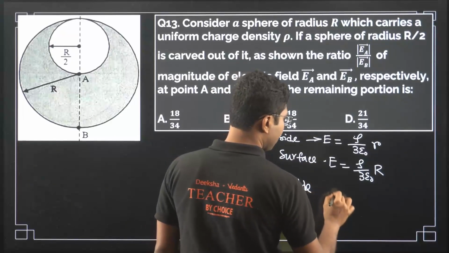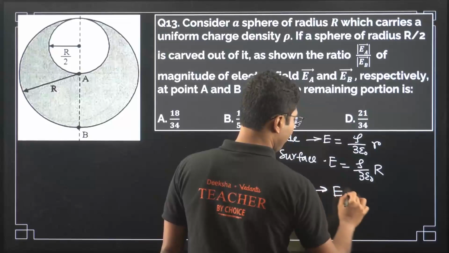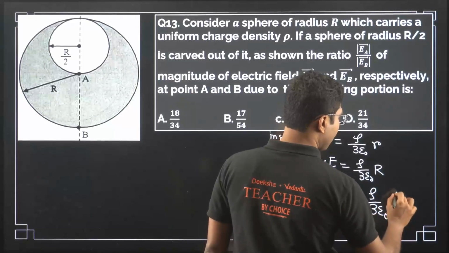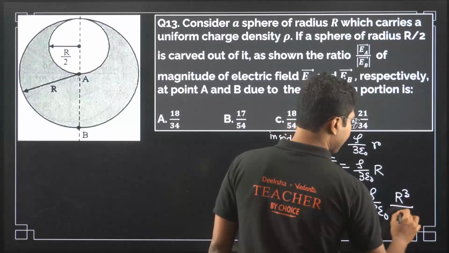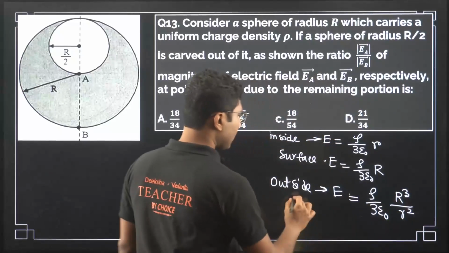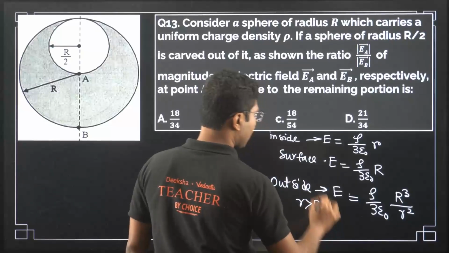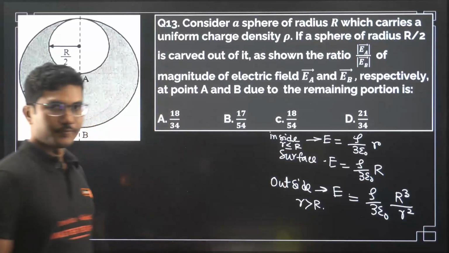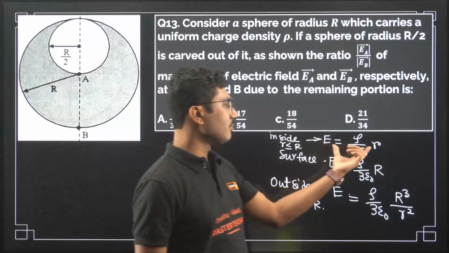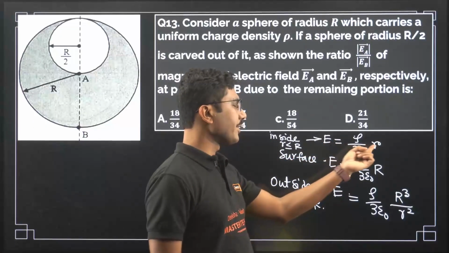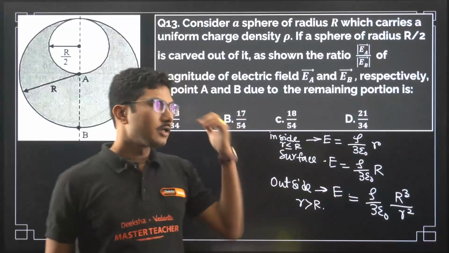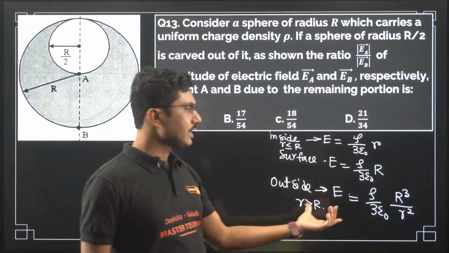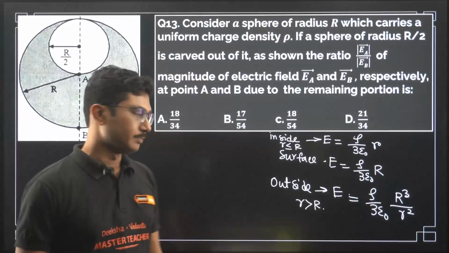Outside, the formula becomes E equals rho by 3 epsilon naught, which is common, into R cube divided by r square. Here r is greater than capital R, and here r is less than or equal to capital R. So up to R this formula is valid. For the surface, obviously this small r becomes capital R. And for any points outside the sphere this is the formula.